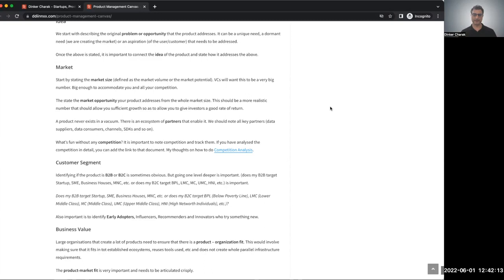And you need to understand that in this market, if it's small, will the other players in that ecosystem, the possible partners, the possible competitors, will they create enough space for you to exist, or have they gobbled up most of it and leaving a very small percentage for you to go into? So something to think about.